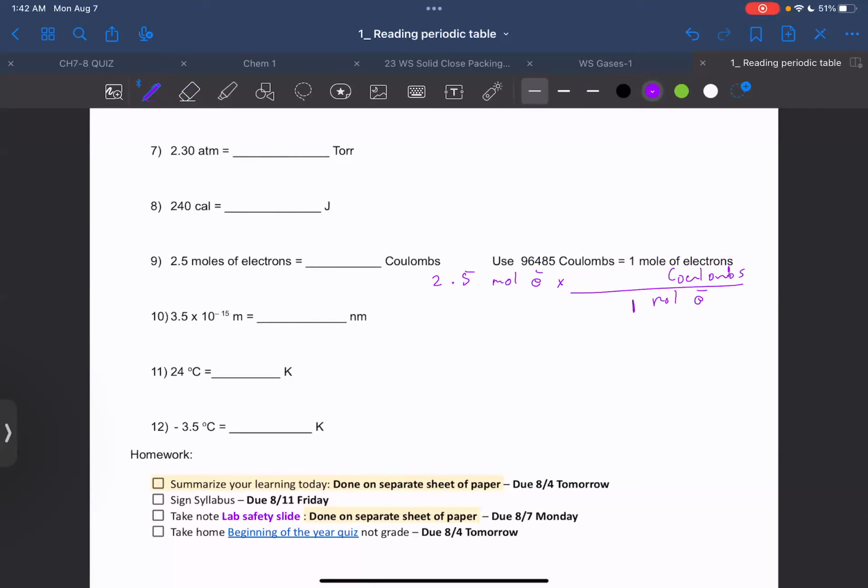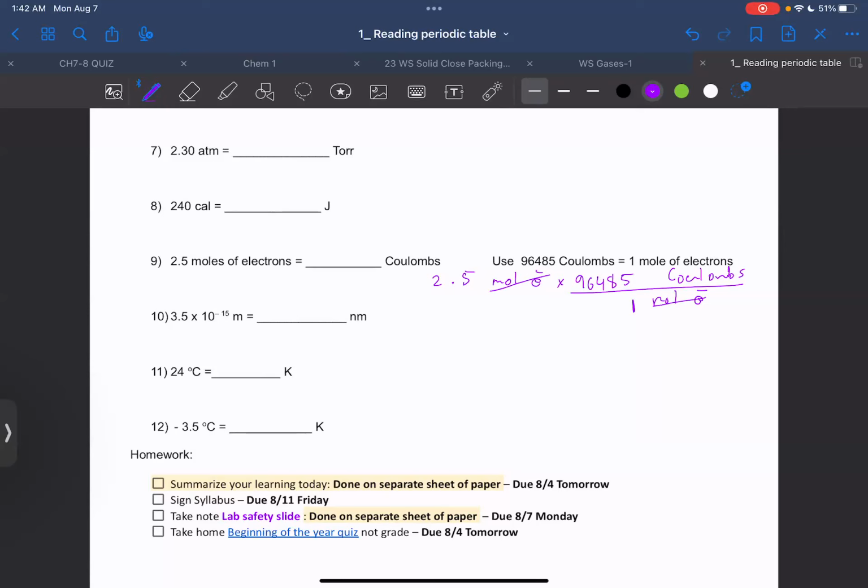So that's 1 mole, that's 96485. You're just basically multiplying because they're both on the top. The key to that is I want you to show me that the units will cancel out so that you get the unit that you're looking for.